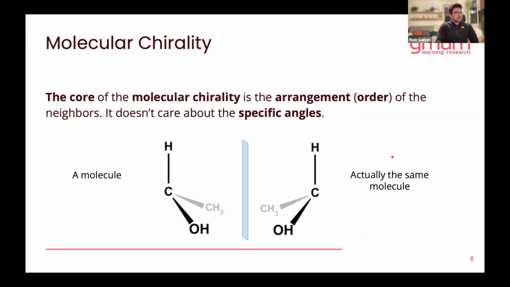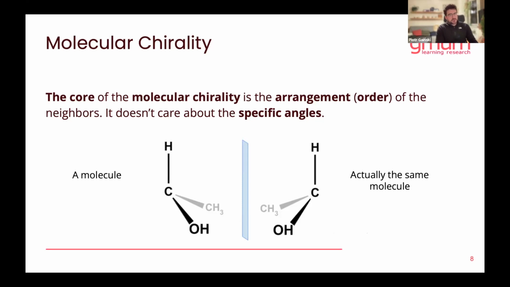In molecular chirality, maybe strange things happen because we are not really interested in specific angles. When you have a seemingly chiral molecule and its mirror image that cannot be rotated and translated back to each other, they are nevertheless not called chiral.